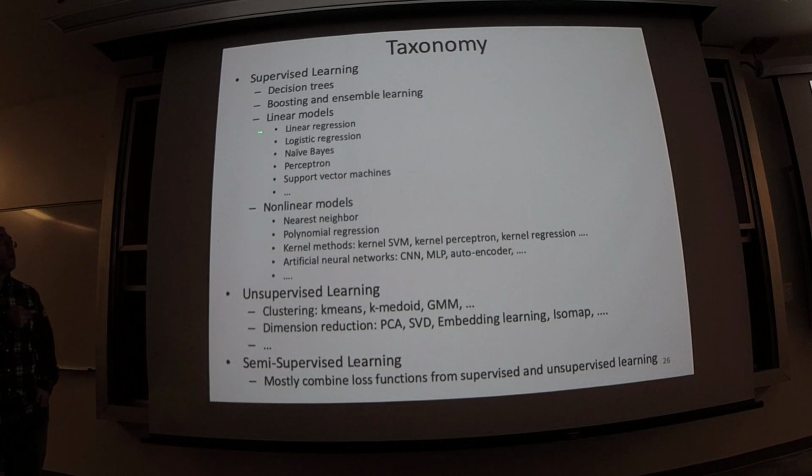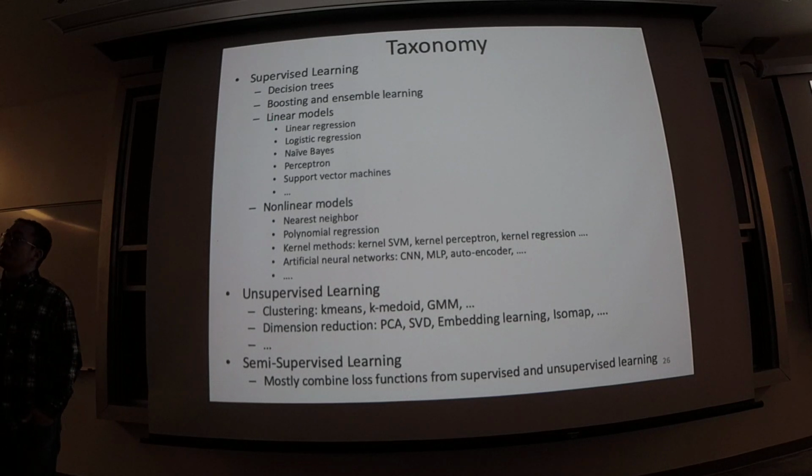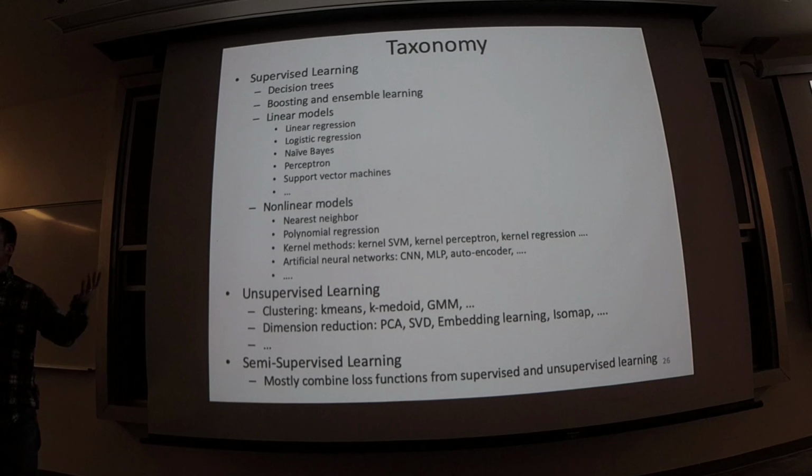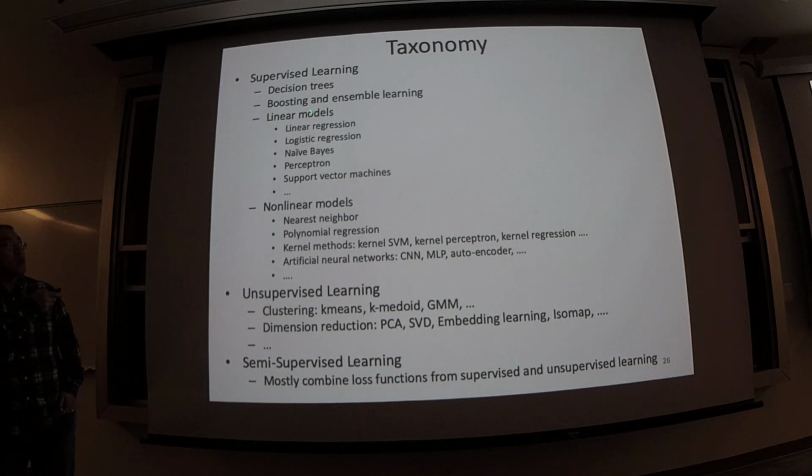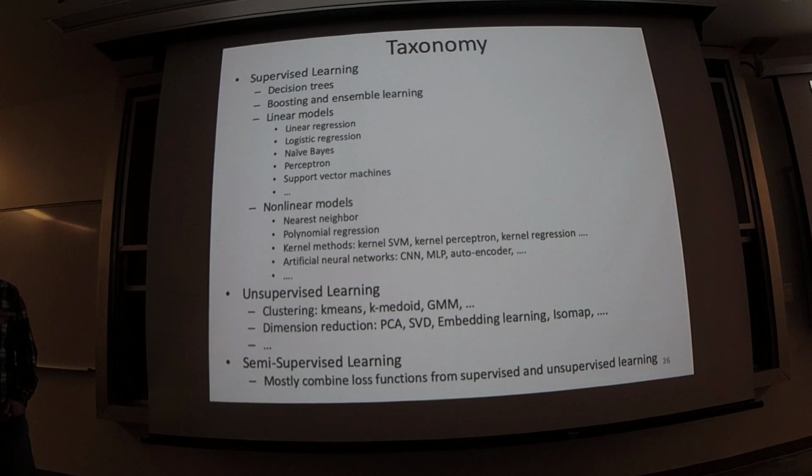And then we can classify supervised learning models into basically linear models and nonlinear models. This is classified according to the hypothesis space, as I just mentioned. Right? If I choose linear structural functions as the hypothesis space, we generally call them linear models.